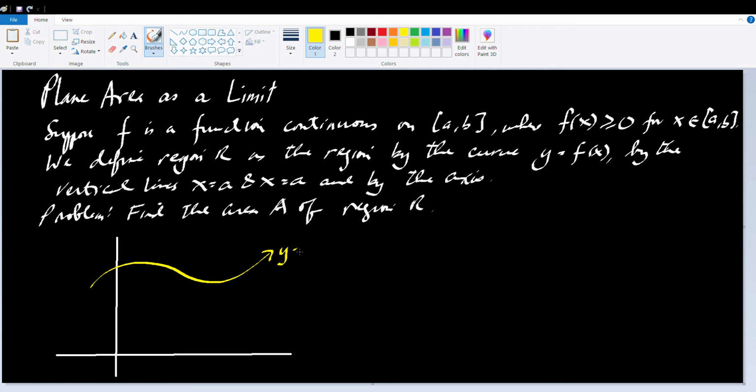Say this is the curve y = f(x). We have the vertical lines x = a and x = b together with the x-axis.